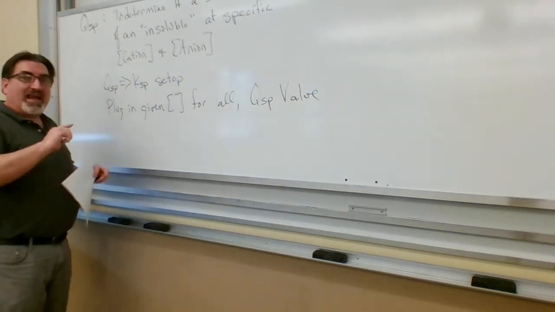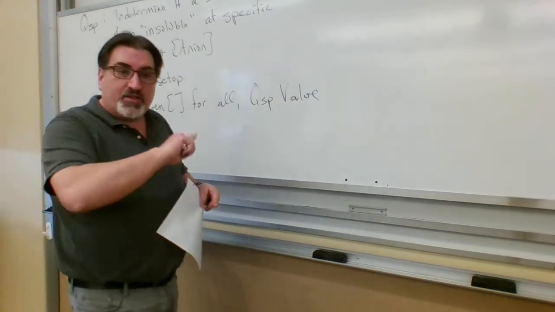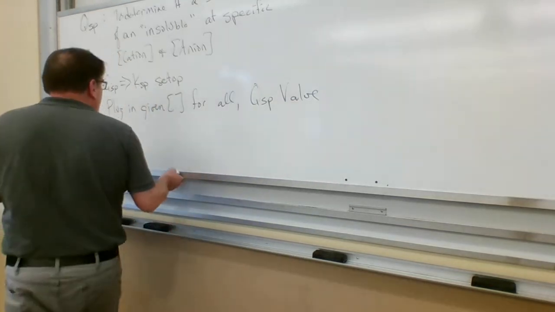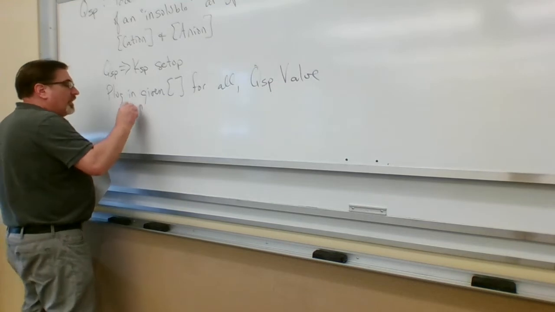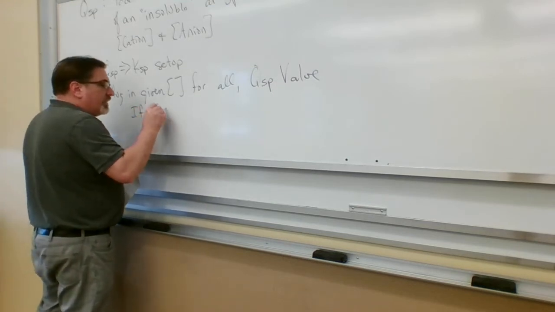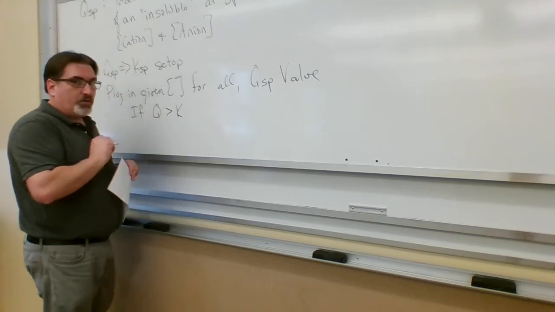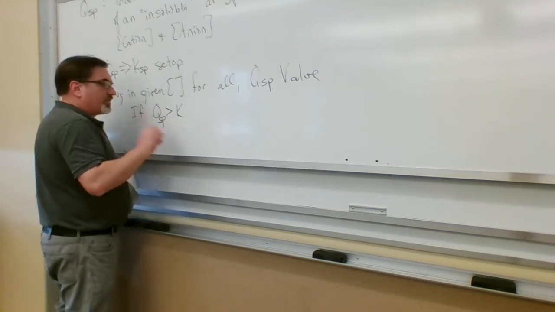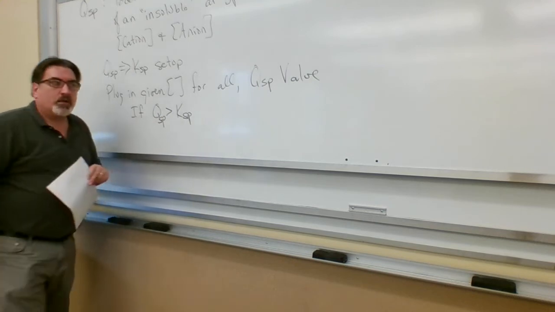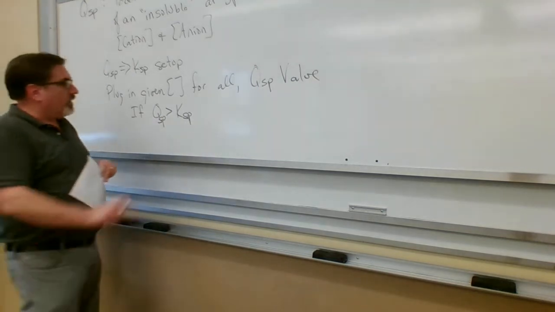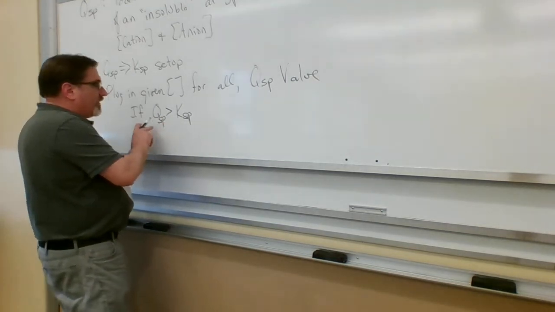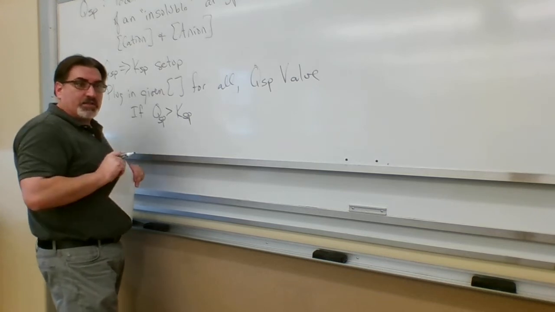Then just like with Kc, when we were doing those and calculating Qc and comparing them, we have that comparison to make here. If QSP is greater than KSP, when this situation happens, there are too many ions in solution.